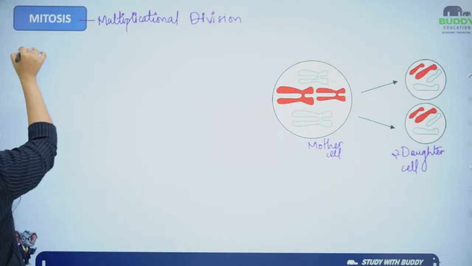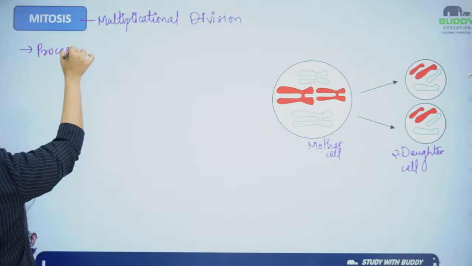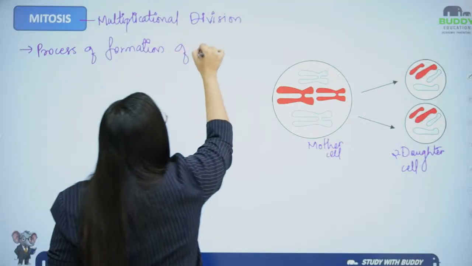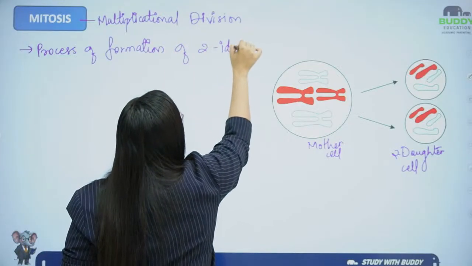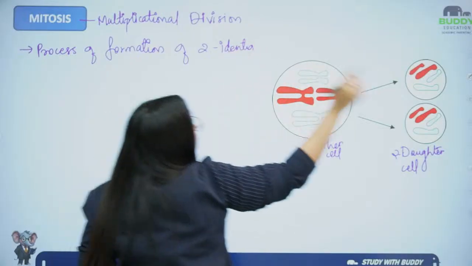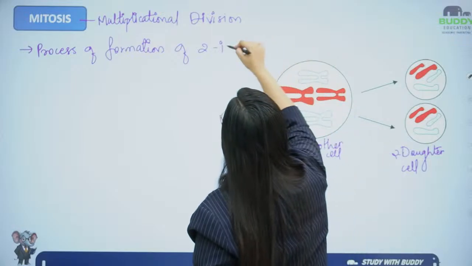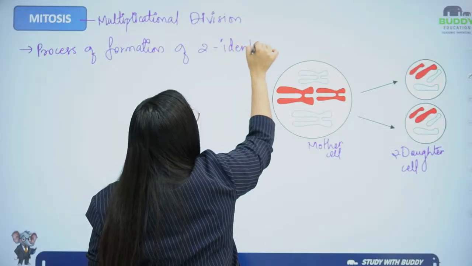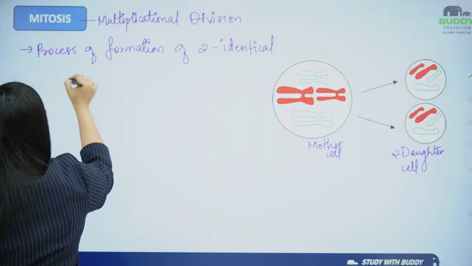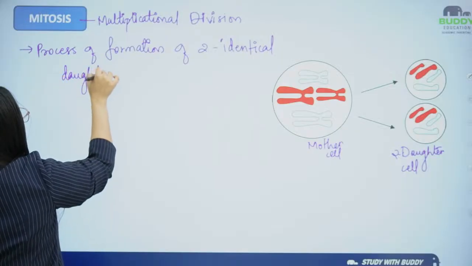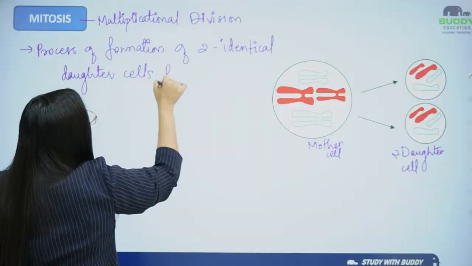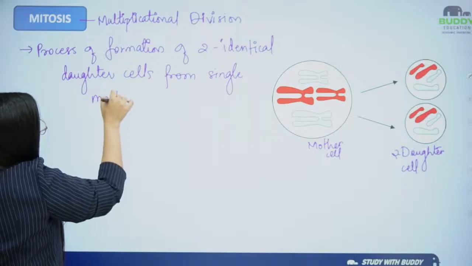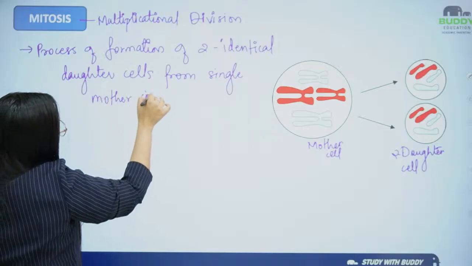Mitosis is basically the process of formation of two identical daughter cells from a single mother cell. This is mitotic division.